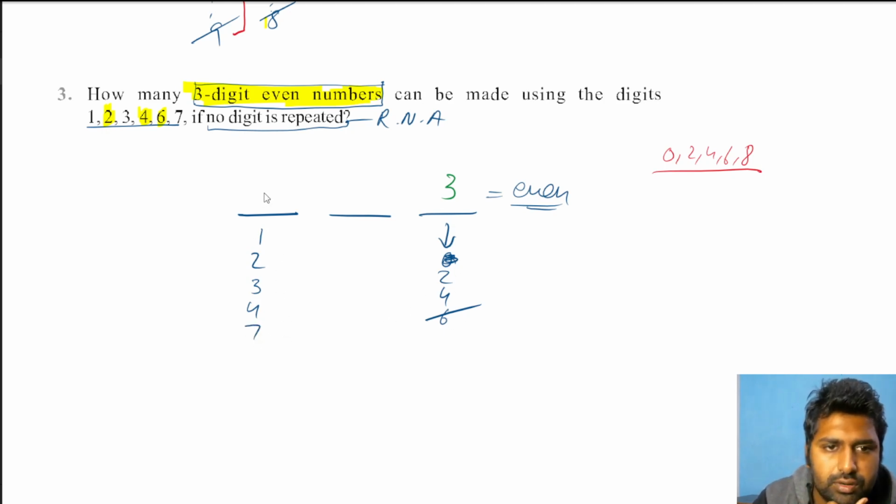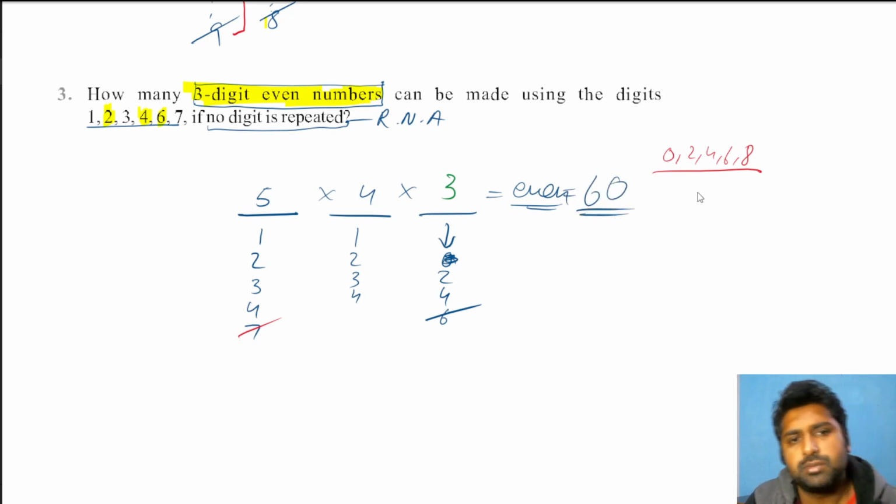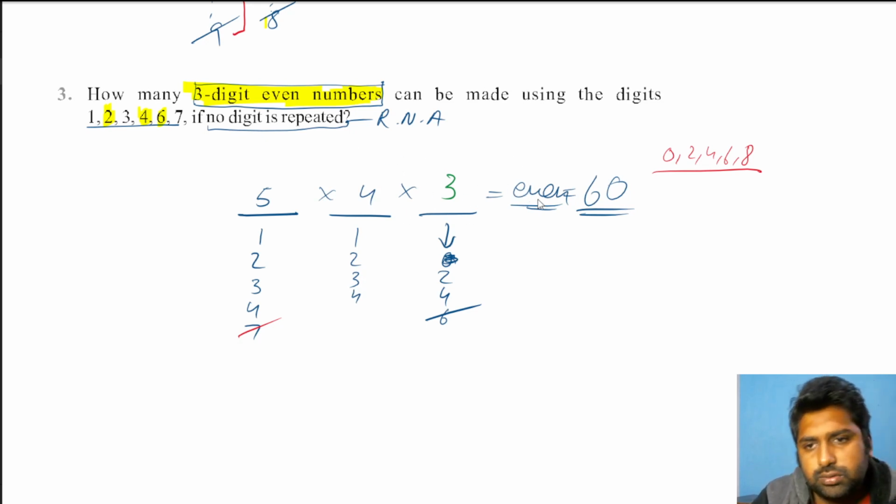So how many options now? 5 options. Out of those 5, any one will be used. Then you will have 4 options. So 5 into 4 into 3, that's 60 such numbers possible for this 3-digit even number with repetition not allowed.